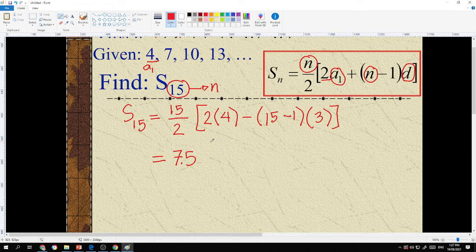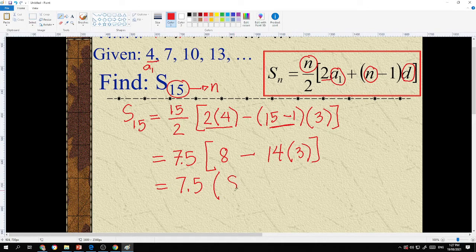Next, we have multiply how much? 8. Let's subtract this. 15 minus 1. 14 times 3. Okay. Sunod ana, 7.5, i-bring down si 8, atong i-multiply ang 14 og 3. What's 14 times 3? 42.